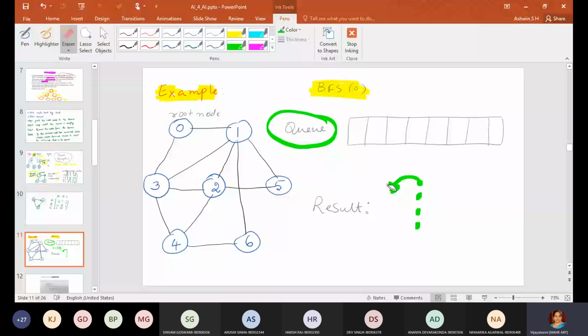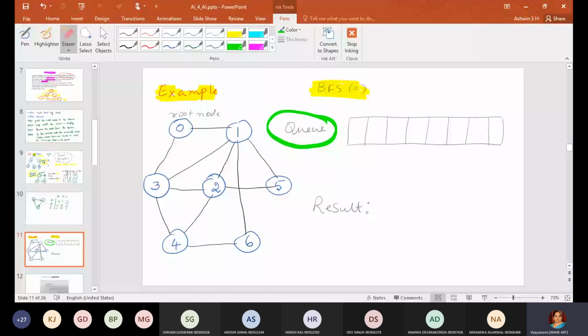Now let me tell you the steps. What is the first step? Push the root node in the queue. First is the root node or the initial state you will be given. You have to push that root node in the queue. That is the first step. What is the second step? You have to loop until the queue is empty. Then the third step is remove the node from the queue.